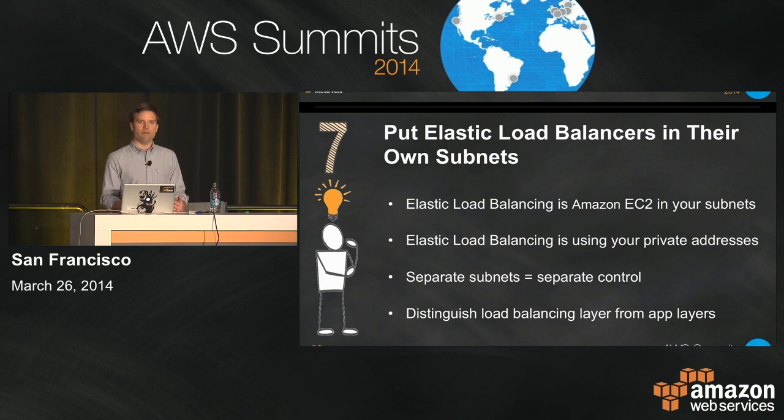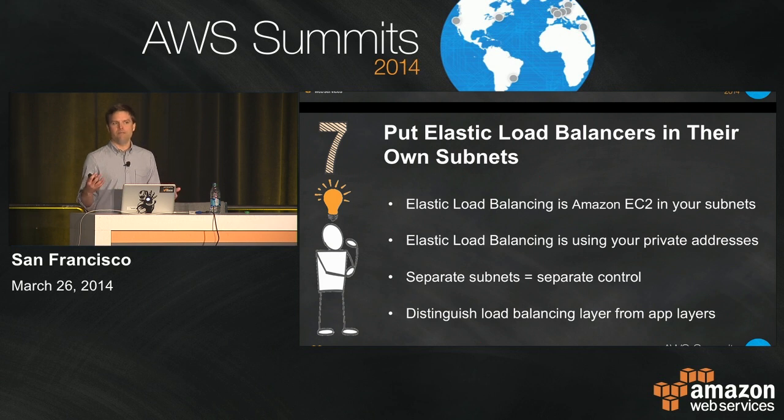So if there are particular IPs that you might be reserving in certain ranges in each subnet, you might find one day you come to claim that IP in a subnet, and it's not there because ELB has it. So I always recommend to make sure and keep ELB in its own layer. And that way you know where it is, you know what it does. And specifically, you can control the routing policy. So you have distinct routing tables for your ELB layer versus your application layer, and you're not mixing the same in the same subnets.